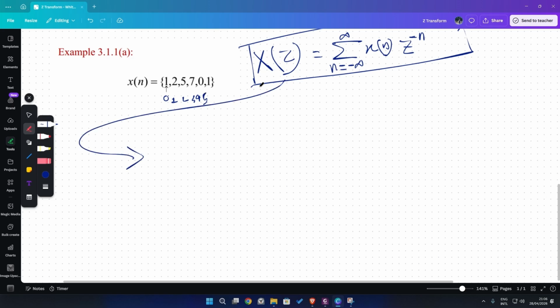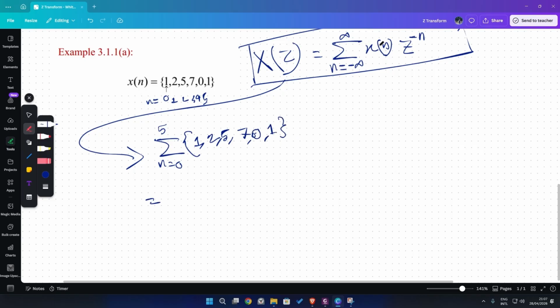So if we put it in the formula, our lower term is indicating n equal to 0, and the highest part is 5. The values are 1, 2, 5, 7, 0, 1.